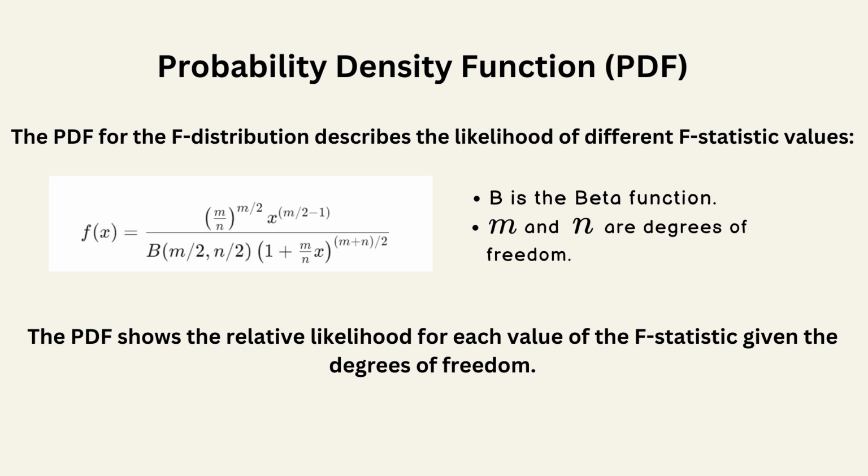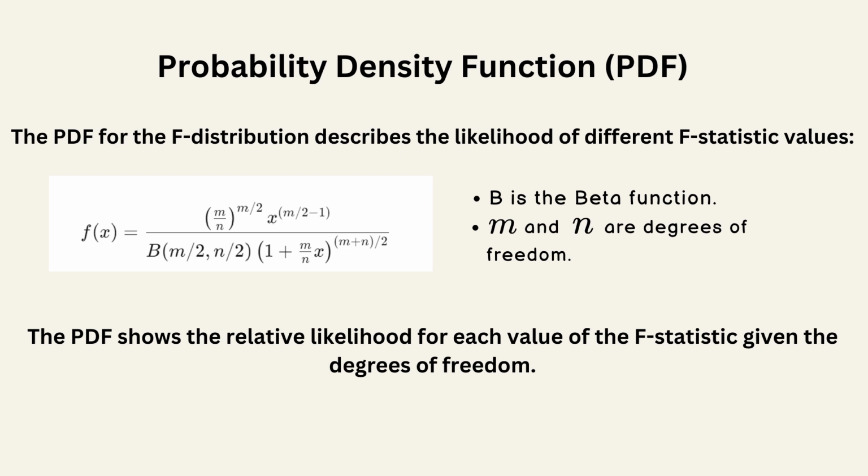Here is the formula for the PDF: (m/n) to the power m/2, multiplied by x to the power m/2 minus 1, divided by B(m/2, n/2), multiplied by (1 + (m/n)x) to the power of minus (m+n)/2, where B is the beta function, and m and n are degrees of freedom.